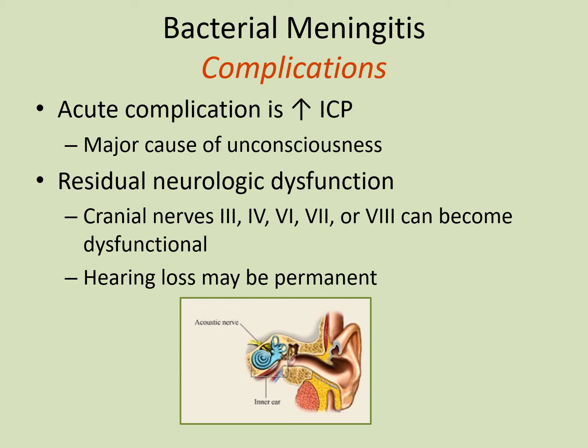So if there is a dysfunction to cranial nerve number 8, hearing can be lost. And hearing loss may be permanent as a result of having had meningitis. A very, very real outcome for patients who have had meningitis as a complication.